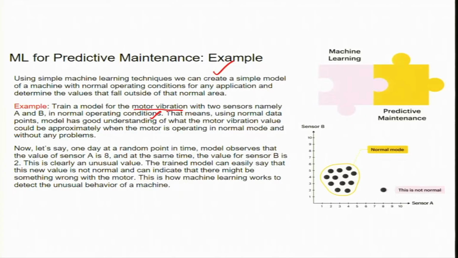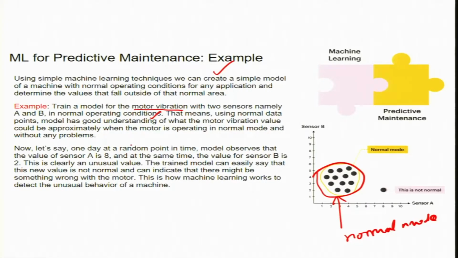That means using normal data points the machine has a good understanding of what the motor vibration value could be approximately when the motor is operating in a normal mode.